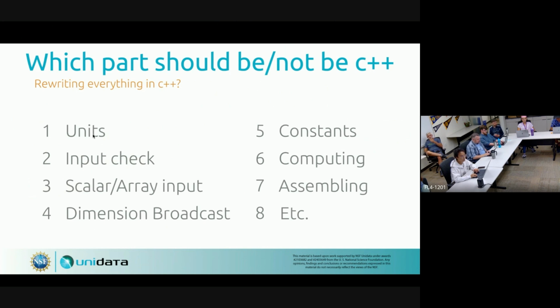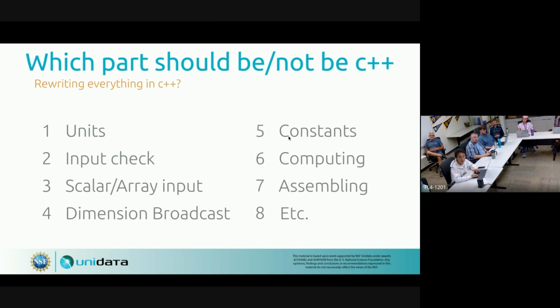The first thing is the units: how to deal with units in C++. The other thing is that I need to check the input. Is the input valid? Is it scalar or array input? In some cases, we also need to broadcast the array into a higher dimension.